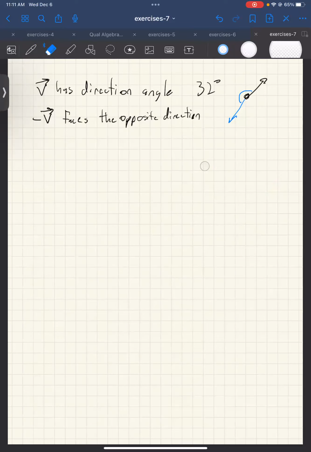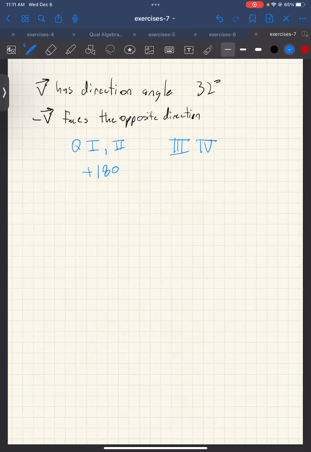So if we started in quadrant 1 or 2, we add 180. If we were in quadrant 3 or 4, we would subtract 180 from the direction angle to get the new direction angle. So this feels tricky, but it actually is not as bad as we think.